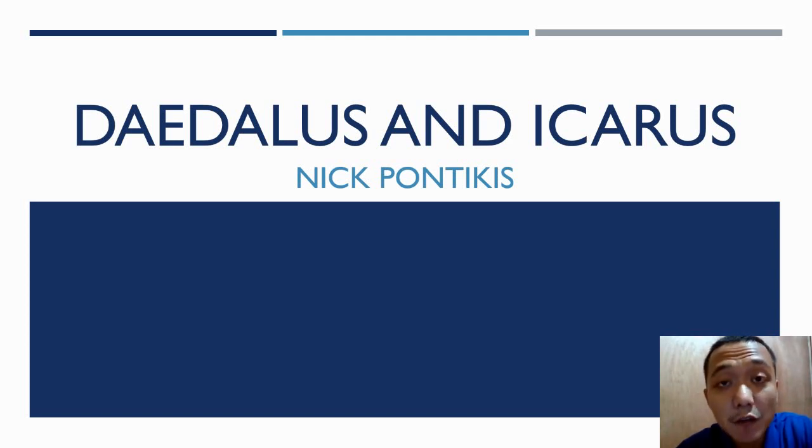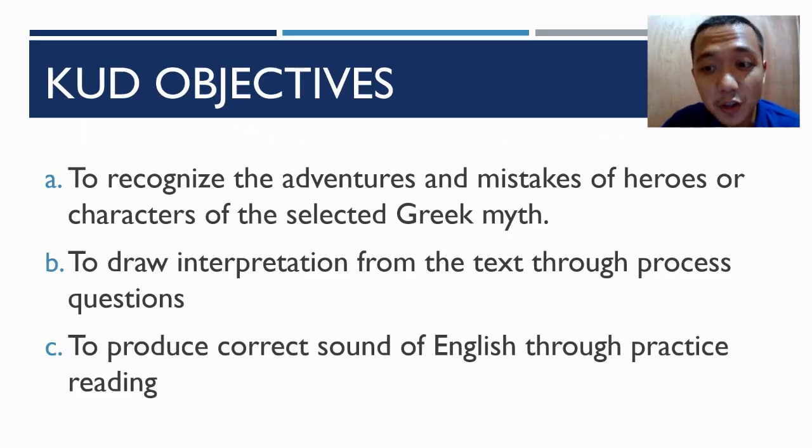So again, the title of this educational video is The Story of Daedalus and Icarus by Nick Pontikis. Even though we don't have our most essential learning competency for this educational video, still we have these objectives. We have the KUD objectives.